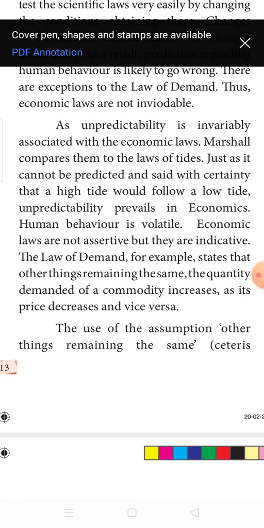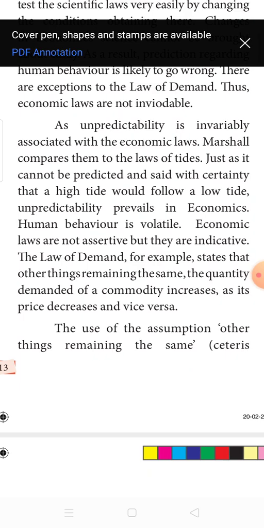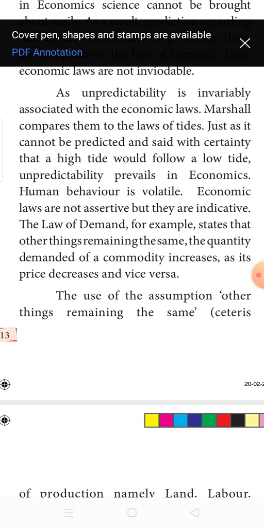So unpredictability is invariably associated with economic laws; you cannot predict that a human being will follow a particular protocol. See here, 2 hydrogen plus 1 oxygen gives you water. When you change this composition, you will not get water. Likewise, can I say that the thought of this person and the other person will give this particular outcome?